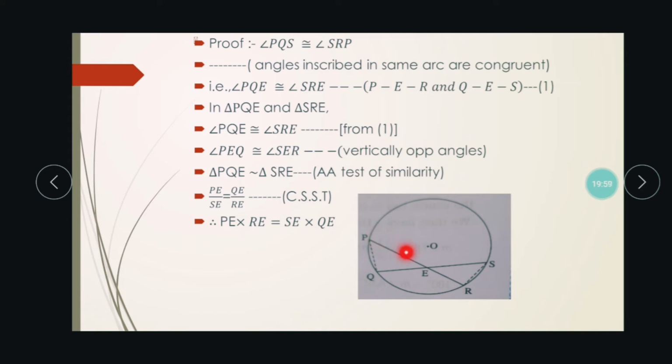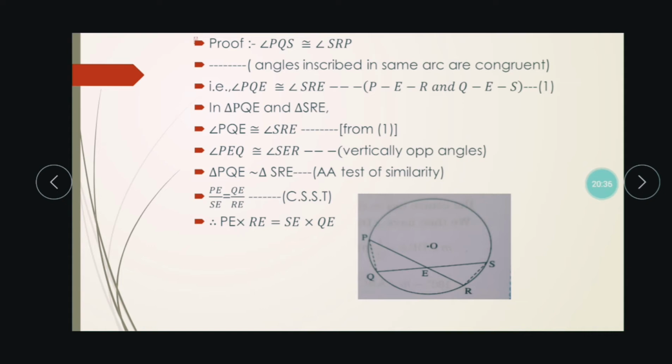So these two triangles are similar to each other by AA test of similarity. Then their side ratios we have to write. So the side ratios will be PE upon SE is equal to QE upon ER. When we cross multiply this, it is equal to PE into RE is equal to SE into QE. This is the theorem of internal division.